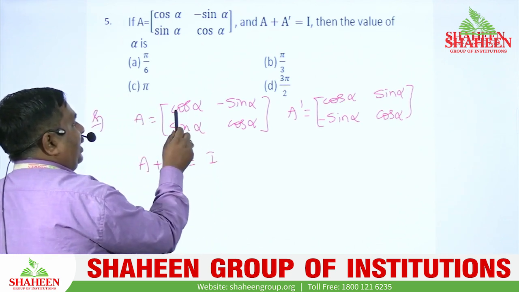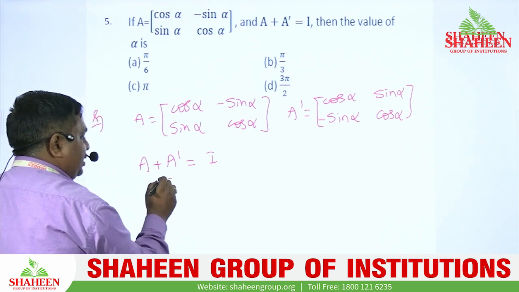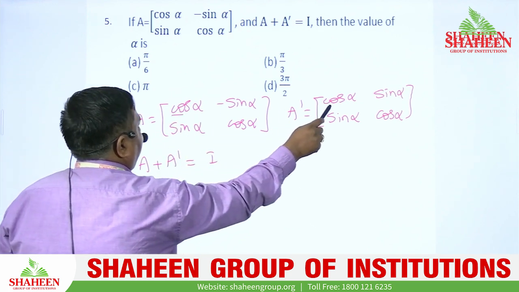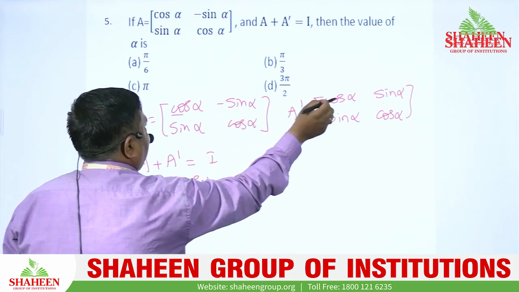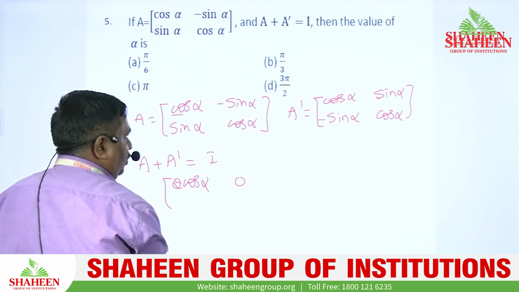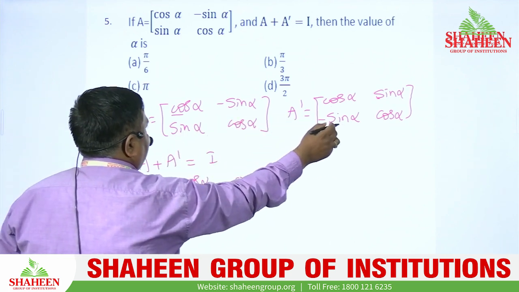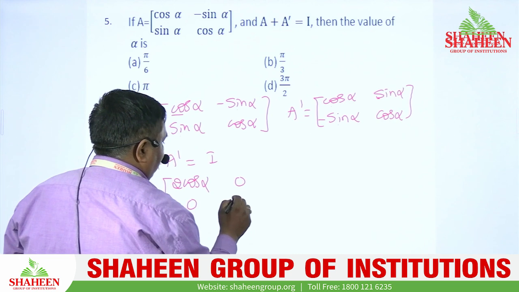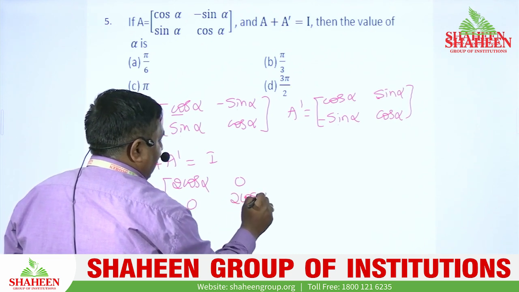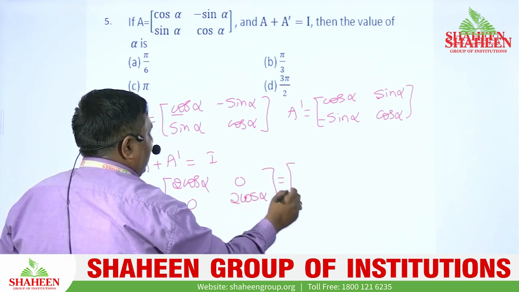Let us add A matrix and A dash matrix. Resulting cos alpha plus cos alpha, 2 cos alpha, minus sin alpha plus sin alpha, 0. Sin alpha minus sin alpha, 0. Cos alpha plus cos alpha, 2 cos alpha, and this result is an identity matrix.